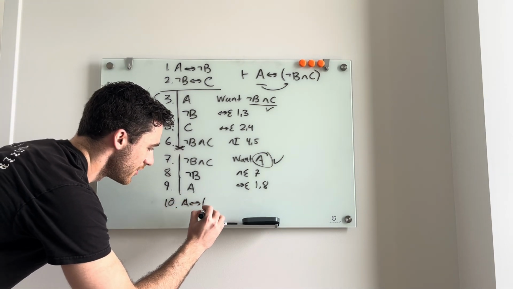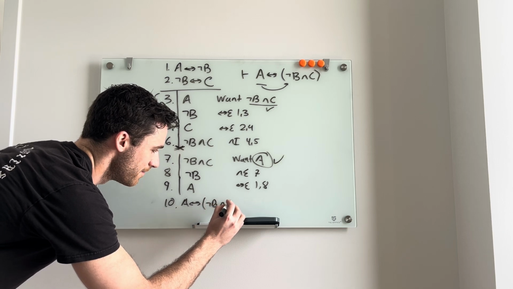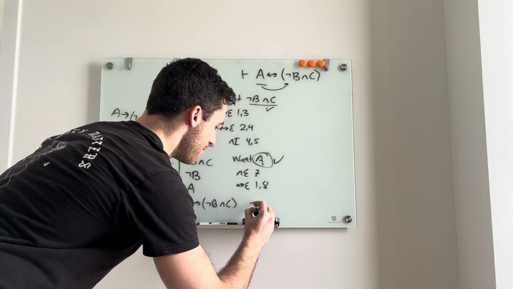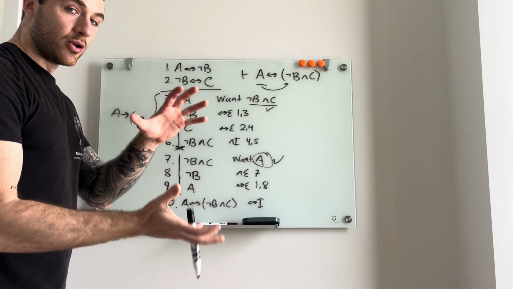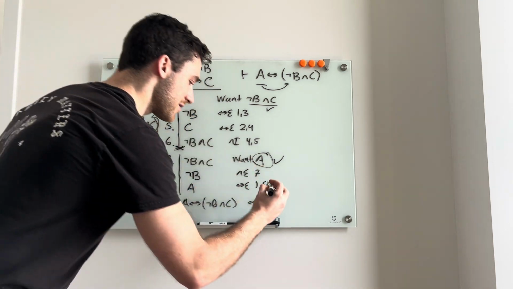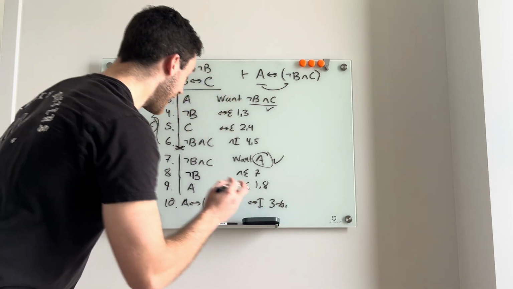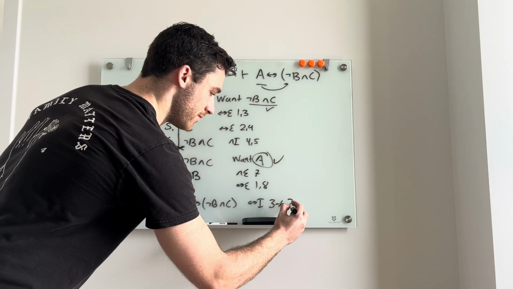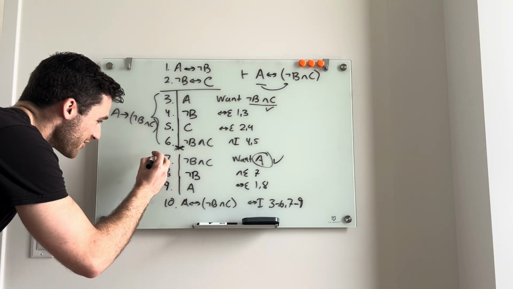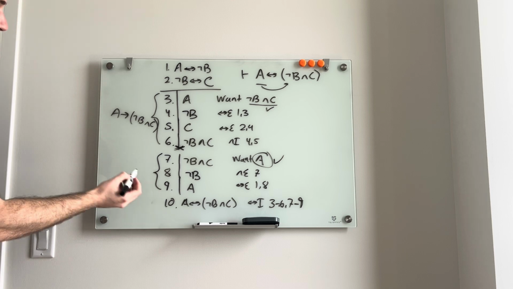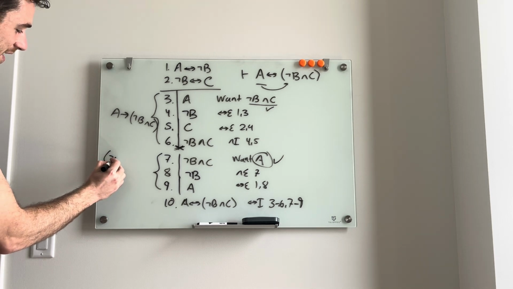A biconditional, not B and C. And this is going to be biconditional introduction. And then I'm going to cite both subproofs. So 3 through 6 and 7 through 9. Like this. Okay? So again, this other subproof down here, you can understand as a proof of this.